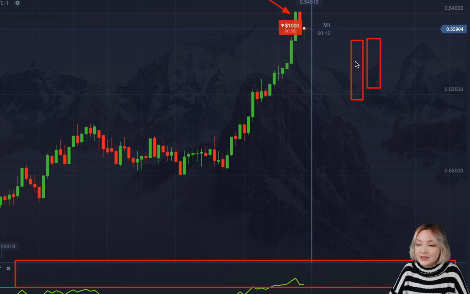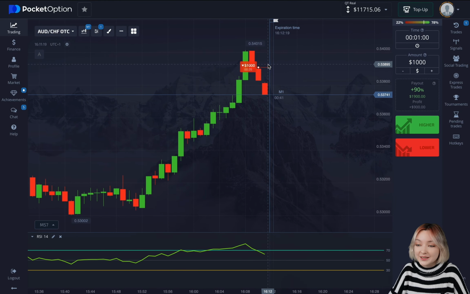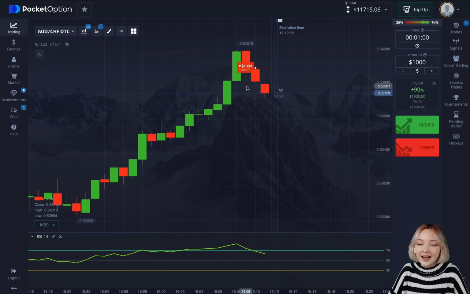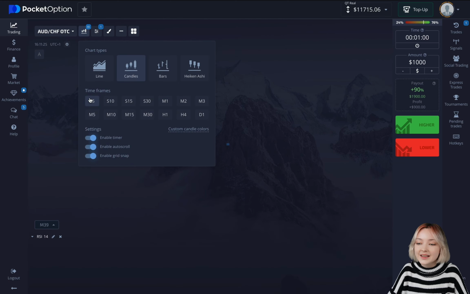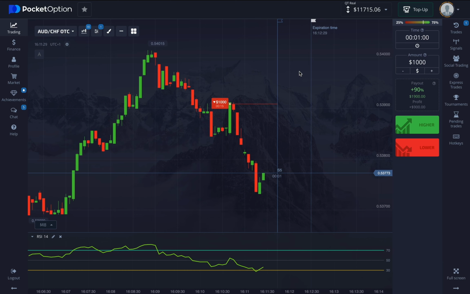We've got a huge green rising candle followed by a falling red one, almost of a similar size, that has successfully engulfed the entire previous growth. So after receiving the signal, we are placing a downward trade and waiting for the outcome.